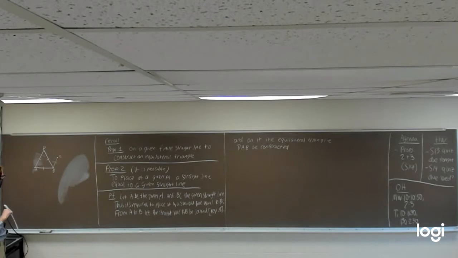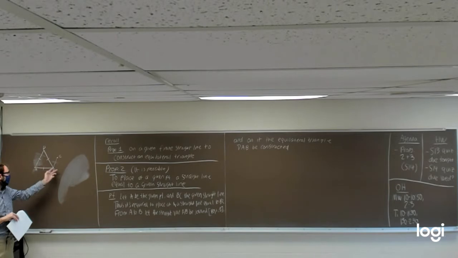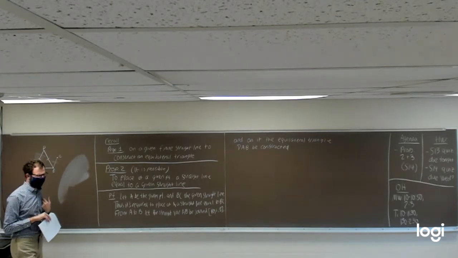So how do we know we can just do that? We're making an equilateral triangle on this line segment AB. There's not a postulate that says, given any line, you can construct an equilateral triangle on it. It's not a common notion. So how do we know we're allowed to actually do that?